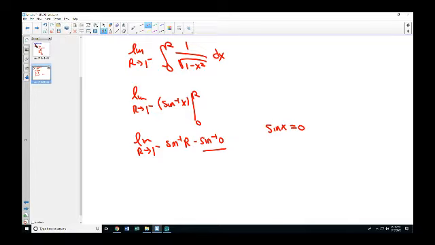Pi is outside of 0 to 1, so we're not worried about it. So this would be 0.